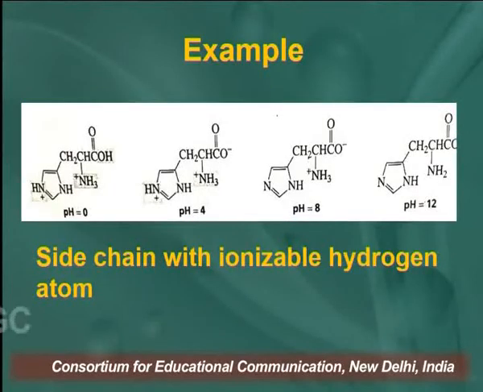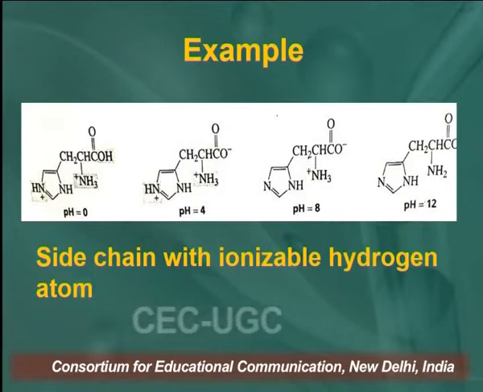In the example you are looking at here, this is the structure of histidine, which has an ionizable side chain. At pH 0, the NH3 has a positive charge, but at pH 4 the side chain has both negative and positive charge, as you can see on your screen.